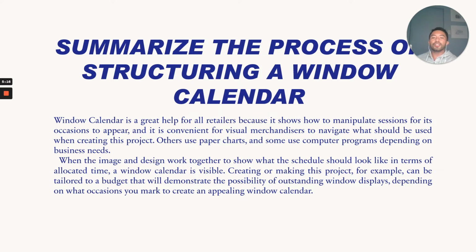When the image and design work together to show what the schedule should look like in terms of the allocated time, the visual calendar is visible. Creating this project, for example, can be tailored to a budget that will demonstrate the possibility of outstanding window displays, depending on what occasions to mark to create an appealing window calendar.